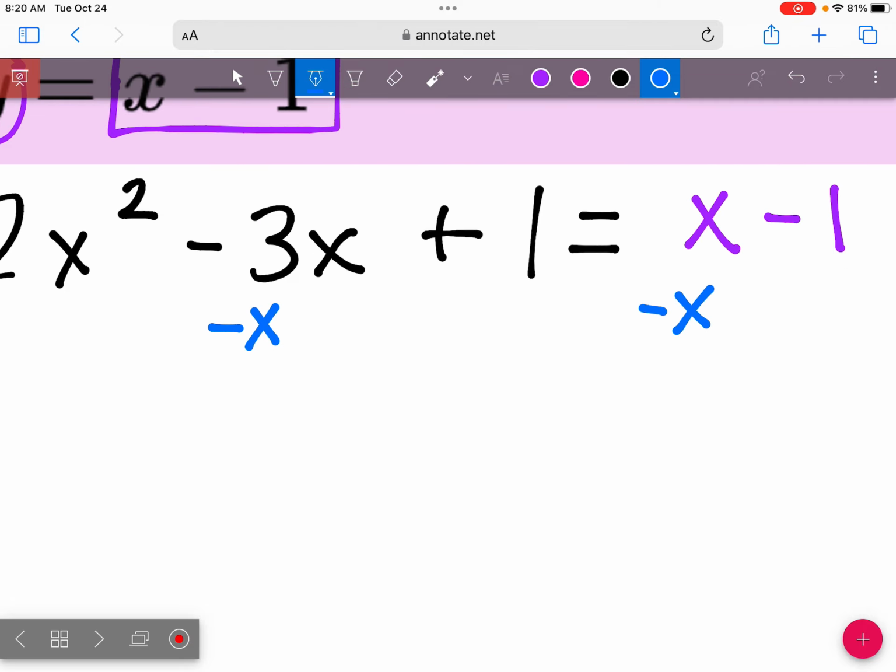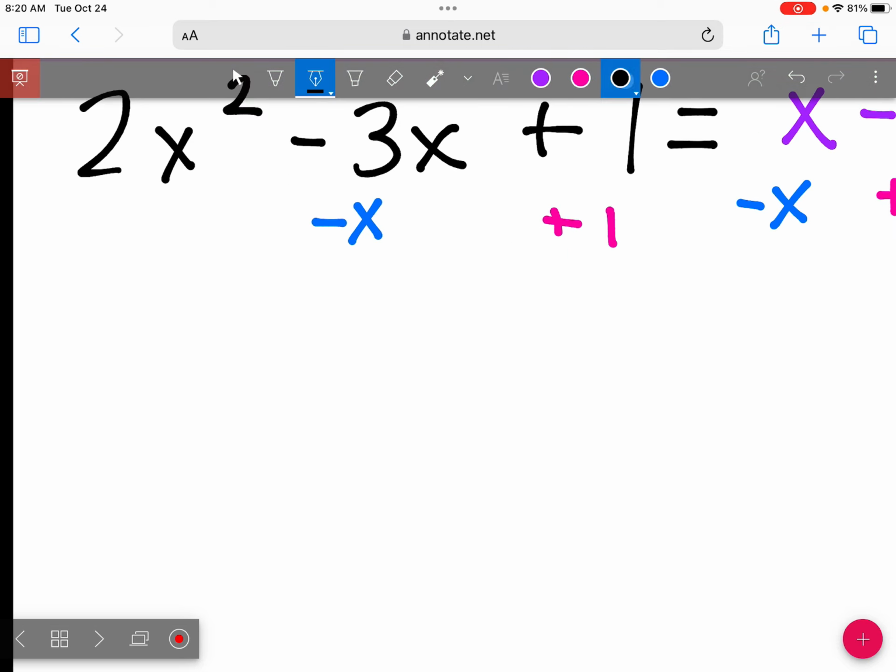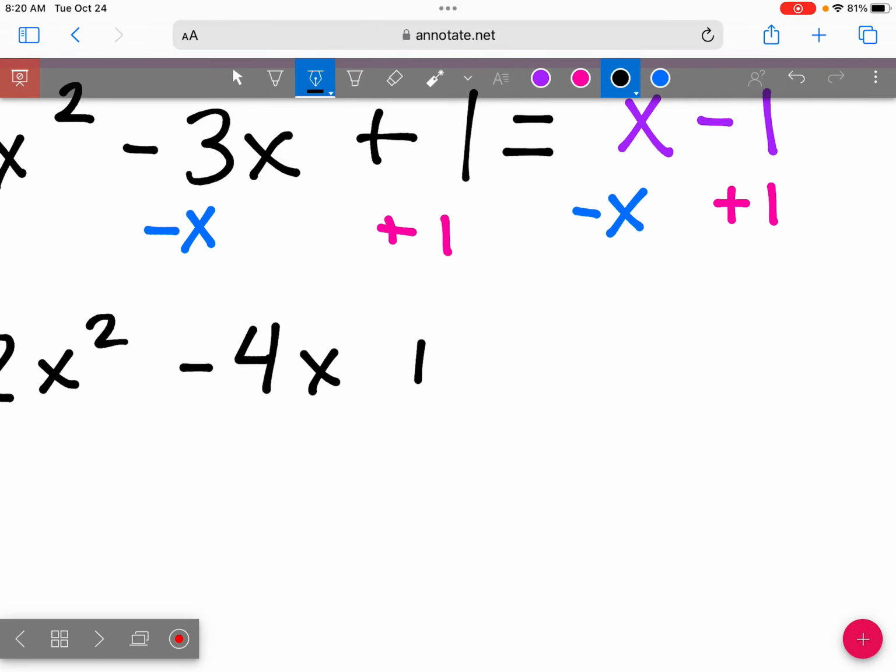And what else? Add 1. So that's going to give us 2x squared minus 4x plus 2 equals 0.